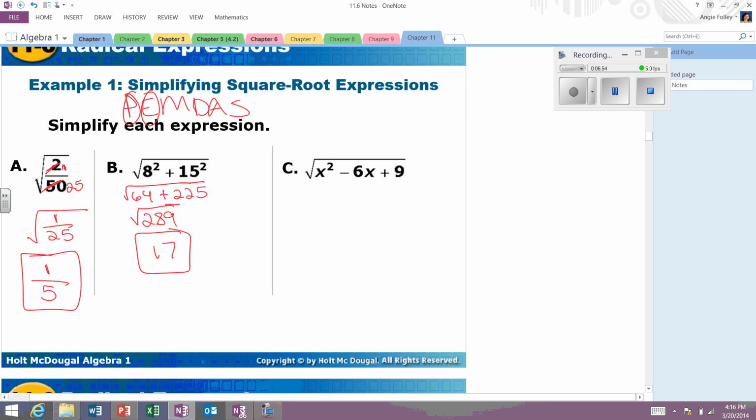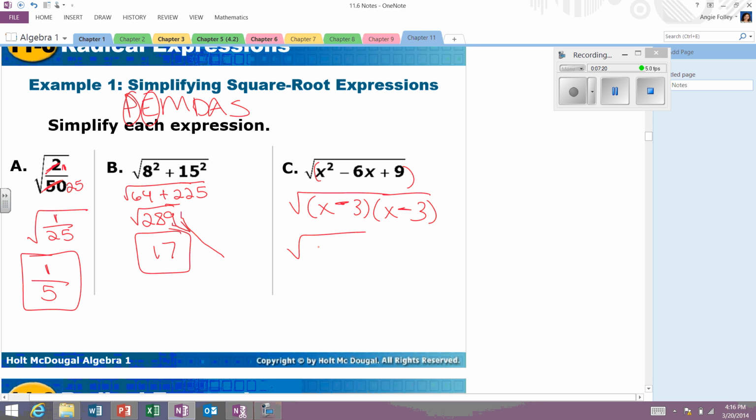Okay? Now this next one's a little tricky. When you see a quadratic or a trinomial, you want to try to factor it, and we're hoping that when we factor it, it makes a perfect square factor. So for example, if I factor x and x, I can make 9, 3, and 3, and I can have a minus sign in between.